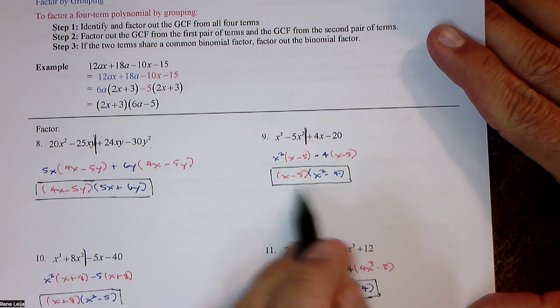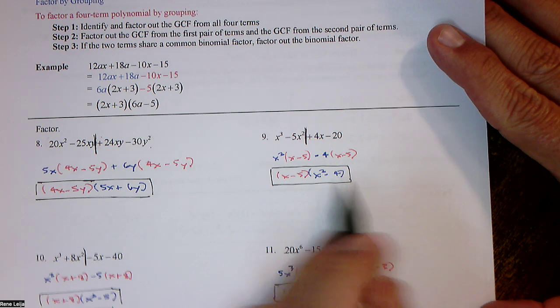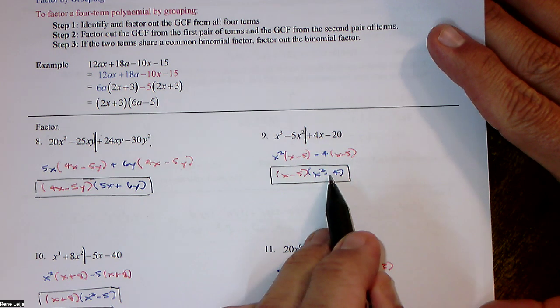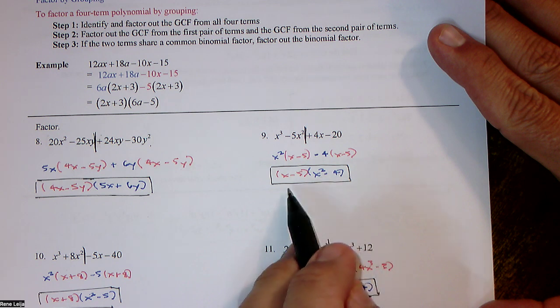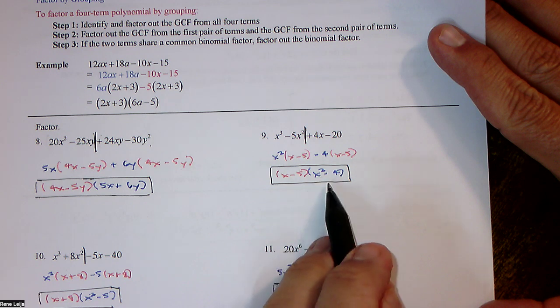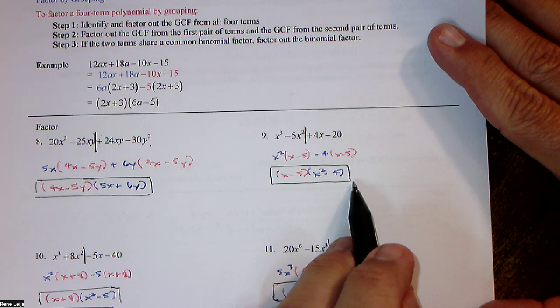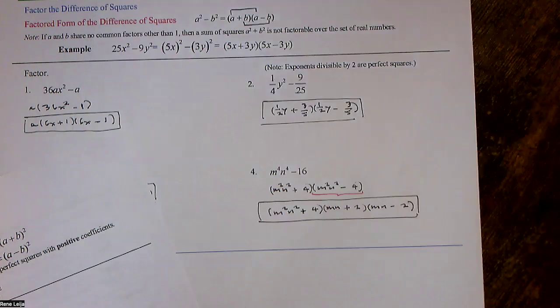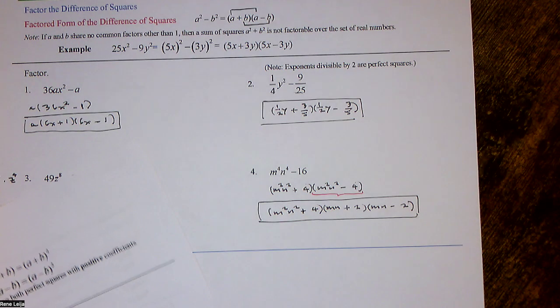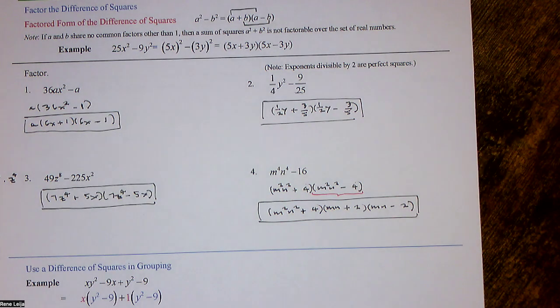And I said, we're stopping here for right now, but this can actually be broken apart one more time. So it would be x minus 5 times x plus 2 times x minus 2. Okay, but here we were just getting used to factoring by grouping. Okay, all right.